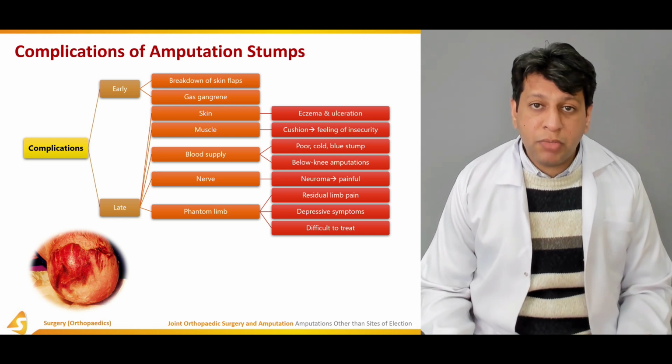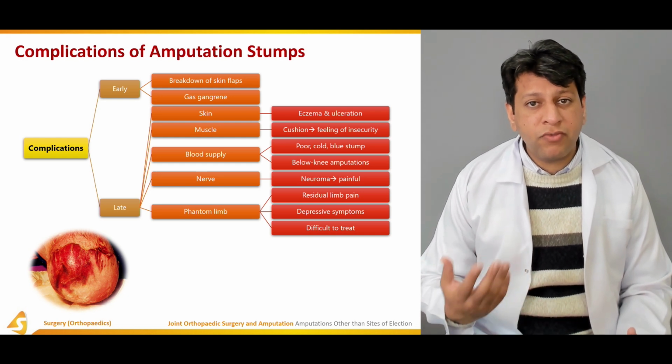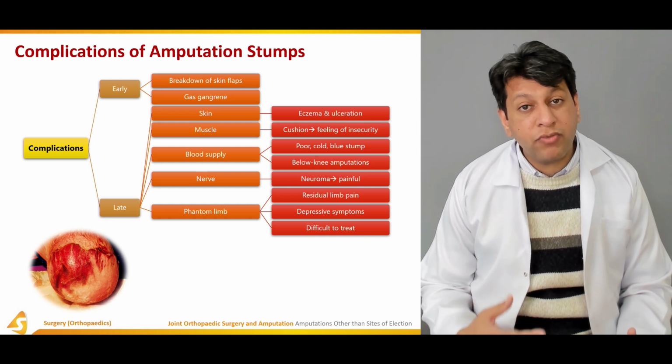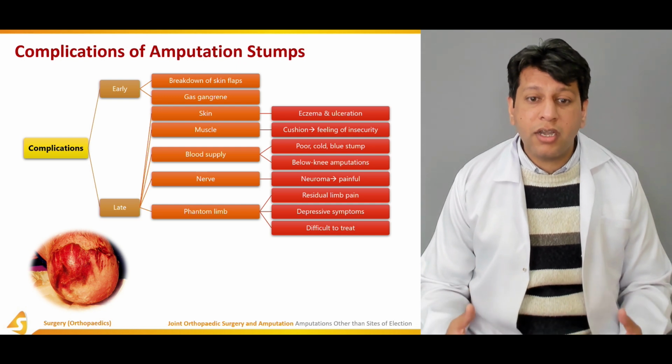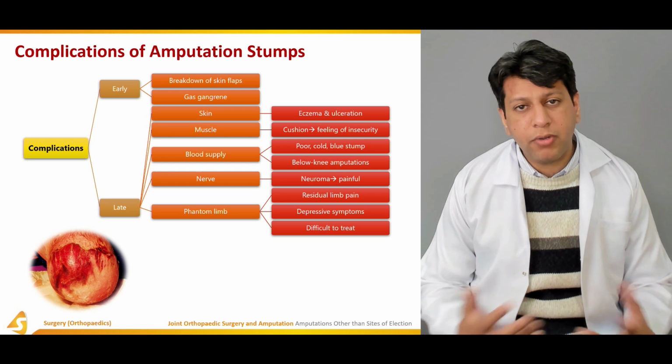For example, if a below-knee amputation was done for any reason, the patient will come and complain, I am having foot pain or ankle pain of the limb which was actually amputated way back. But this is associated with depression. It is usually very difficult to treat, but can be treated.